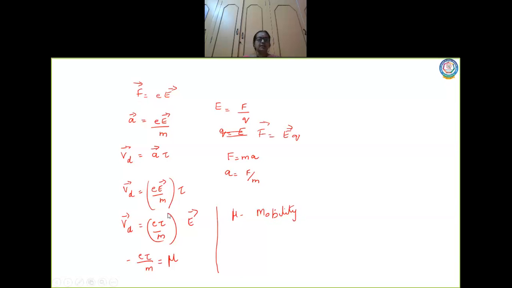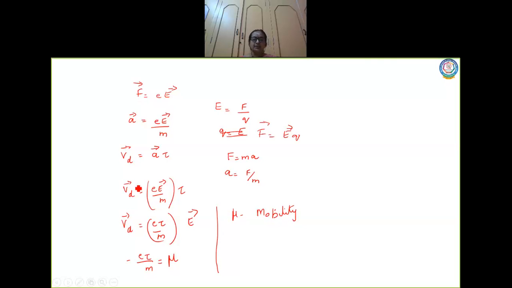E is the charge of the electron, tau is the time interval between two successive collisions, and m is the mass of the electron. All these are constant values, and I replace it by a constant called mu, which is called mobility.